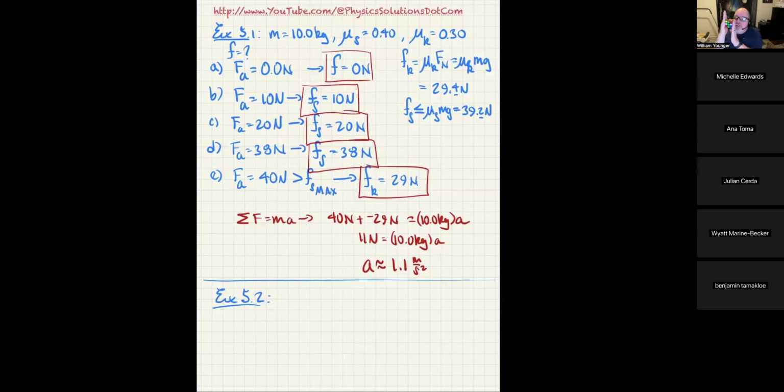But if I push it hard enough this way, then what's happening is Newton's second law: the summation of forces in the x direction equals mass times acceleration in the x direction. If I'm pushing it against a wall that's sturdy enough, then the wall is not going to allow it to move. And since the x coordinate is not changing, that means the acceleration in the x direction is zero.